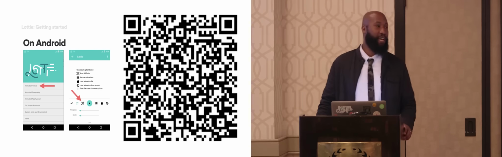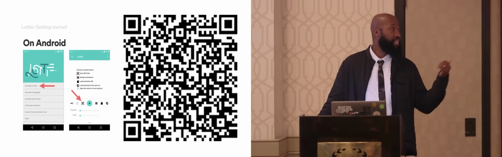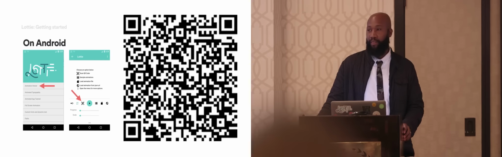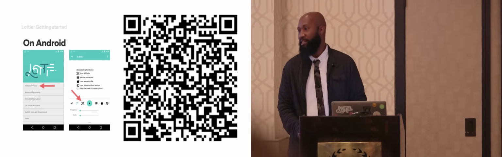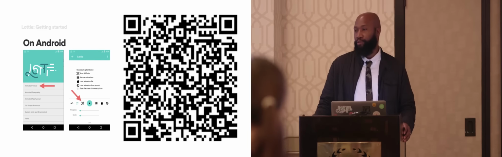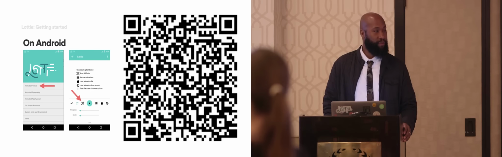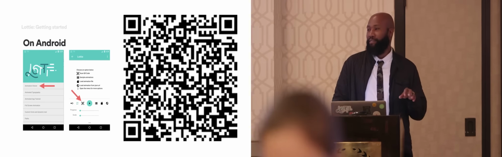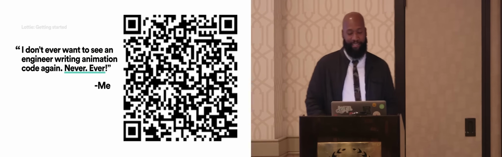I uploaded it to LottieFiles. LottieFiles gave me a QR code, and I just copy and pasted it into this keynote. And so that animation was made in After Effects, exported as a JSON, and now Lottie is rendering it natively right on your phone. Don't worry, all the rest of the slides have the QR code, so if you missed it, you'll be able to get it.